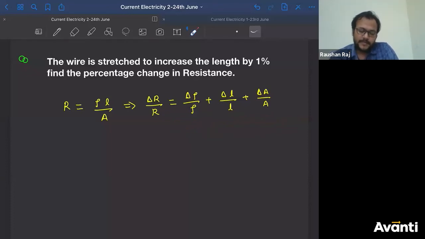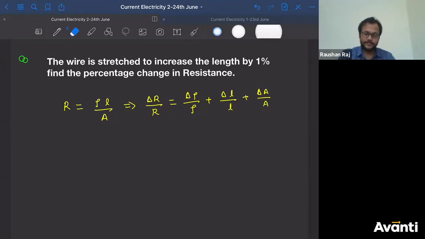All right, but think about this. If length will be increased by 1%, tell me how the area will change. If length will be increased by 1%, what will be the change in area? बताओ बच्चा लोग. 1/2. अरे अरे, या decreases by 1%, ऐसा बोल सकते हैं ना, ठीक है. बट एक चीज का ध्यान देना यहाँ पे.